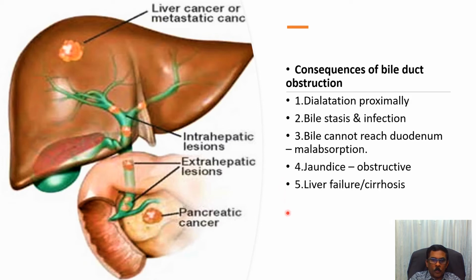It can also cause jaundice. There's an increase in conjugated bilirubin, which is congested. The liver becomes highly concentrated with conjugated bilirubin, which diffuses back into the blood to cause jaundice. And long-standing obstruction can lead to liver cirrhosis and liver failure.